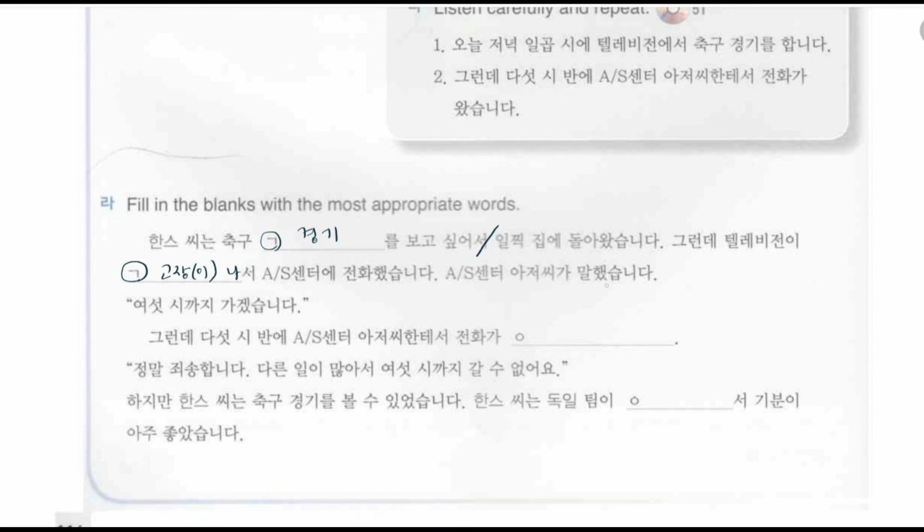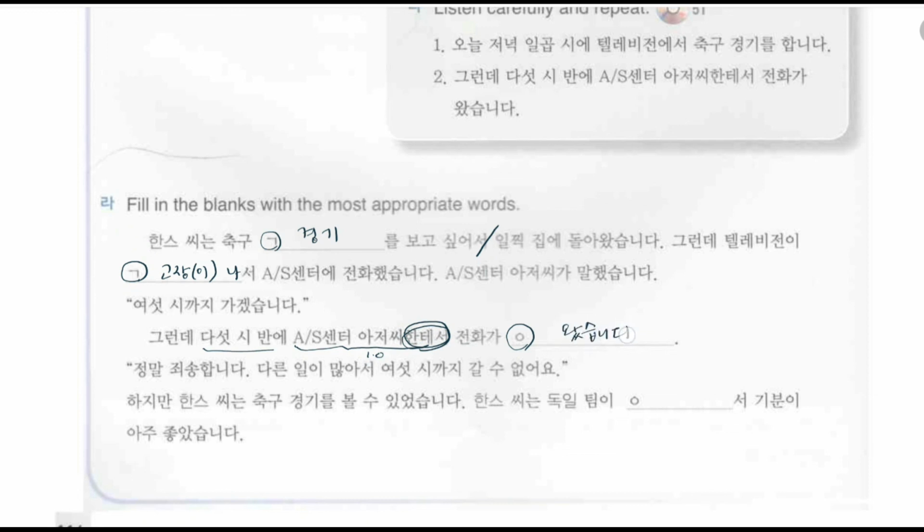AS 센터 아저씨가 말했습니다. The man told him 6시까지 가겠습니다. I'll go until 6 o'clock. 그런데 5시 반에 AS 센터 아저씨한테서 전화가 So what does it mean? At 5:30 from AS man, this is indirect object, from AS man, the call came in the past tense. 어떻게 말해요? 왔습니다.